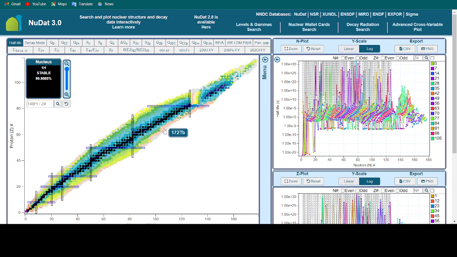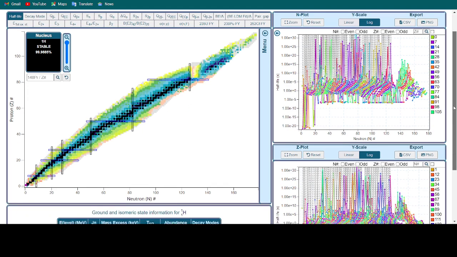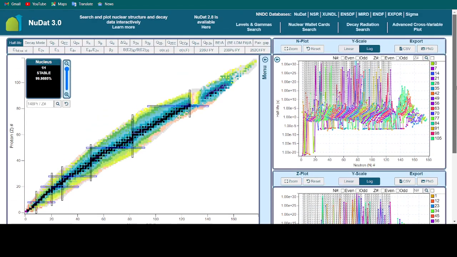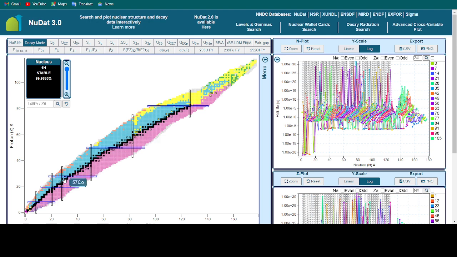And apart from that, what is the deviation? The deviation is just because of the greater number of protons or neutrons, and that is making it unstable. Also you can find out what is the number of it, and what is the abundance of it, and everything. This is only the information about the half lifetime. You can also go to the decay mode, and you can get the information of decay.